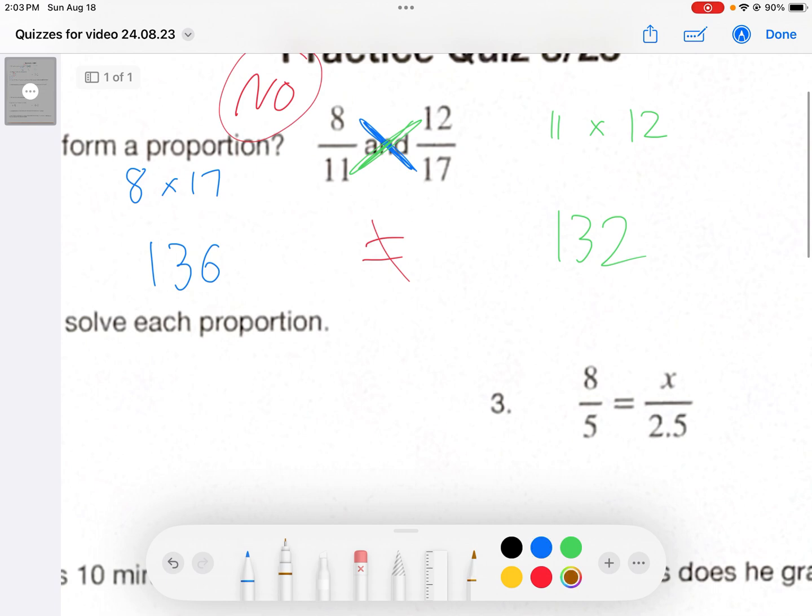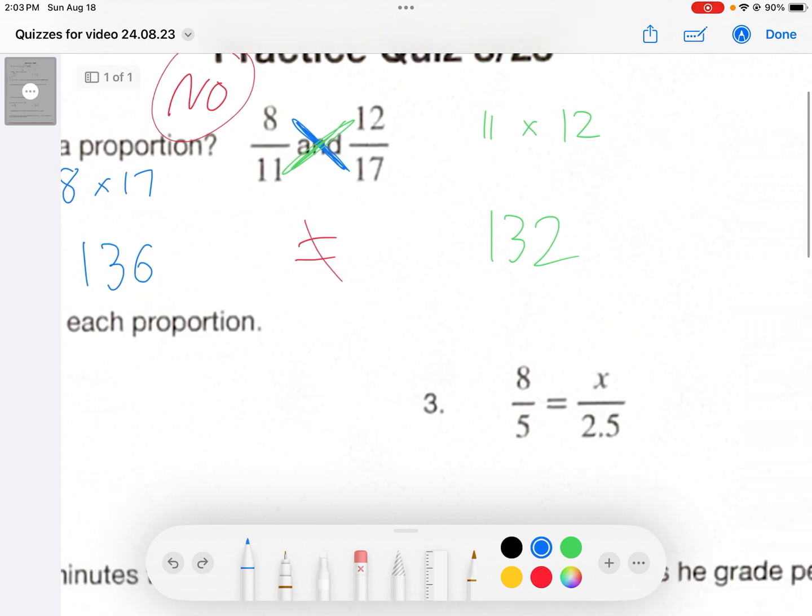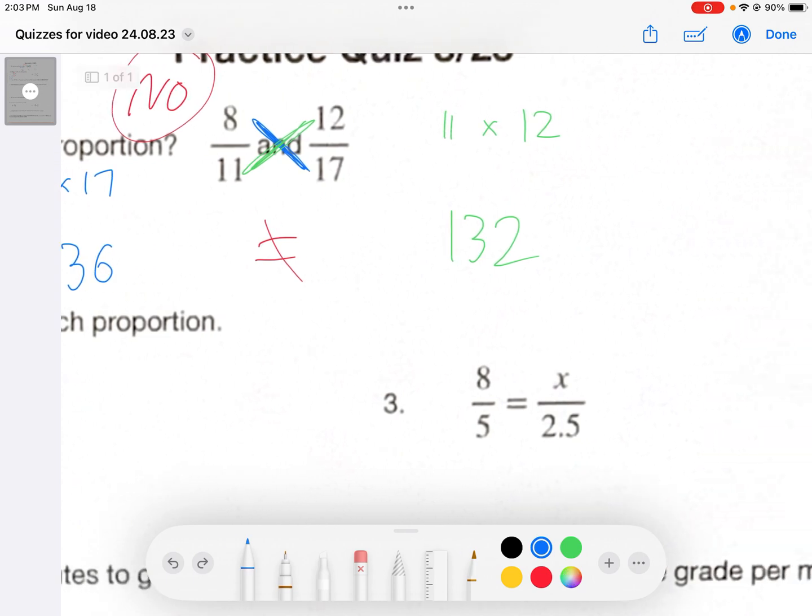Jumping over to number 3. I can do the same thing, or I can use the fish method, which I will use this problem to demonstrate actually. Remember, your fish starts where the variable is, goes across the fraction, through the diagonal, make your fish head, and come back to the variable.